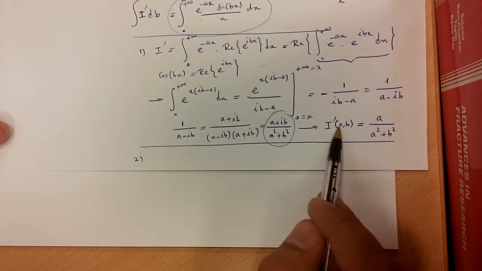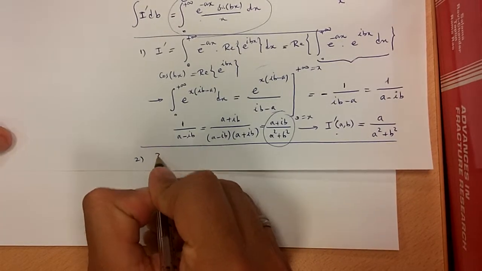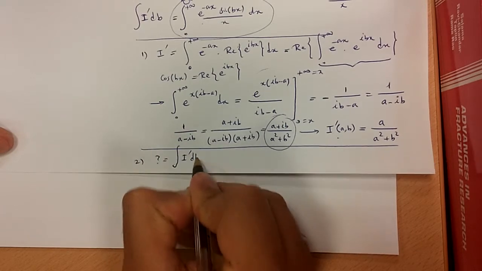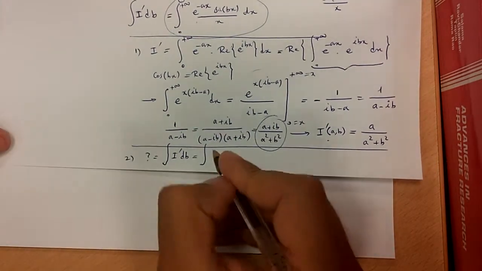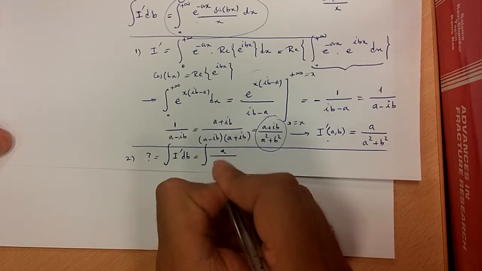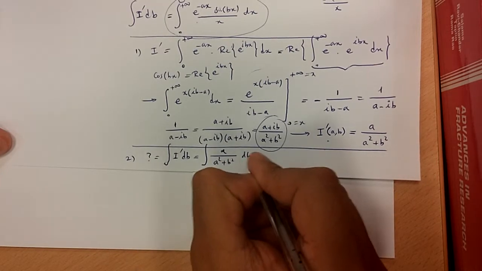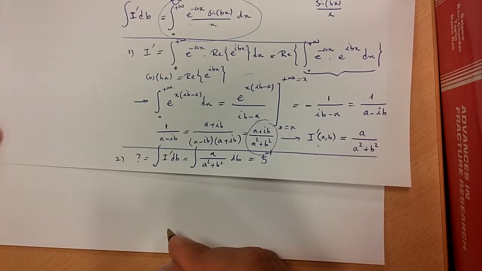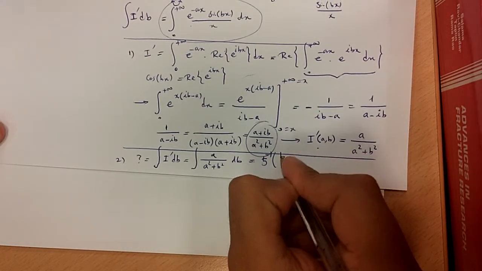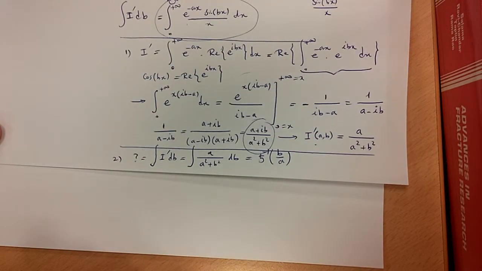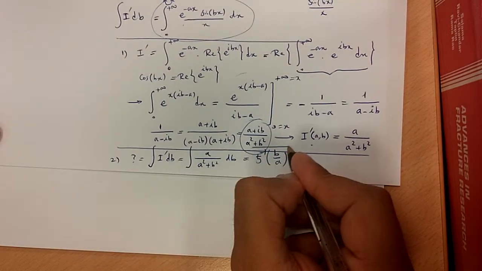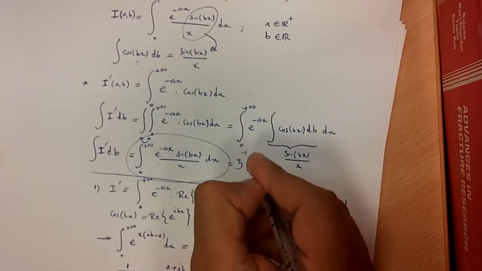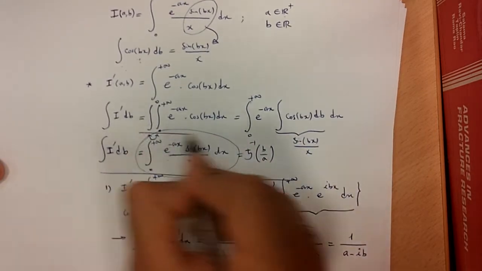So the answer is the integral of a over (a squared plus b squared) with respect to b, which is simply arctangent, or tangent minus 1, of b over a. So the answer is in fact tangent minus 1 of b over a.